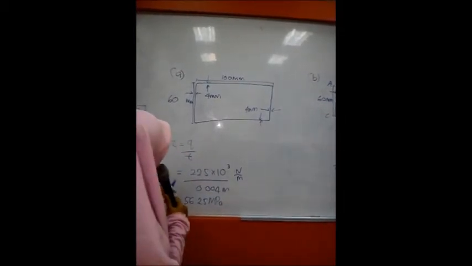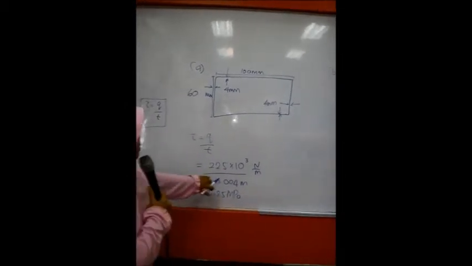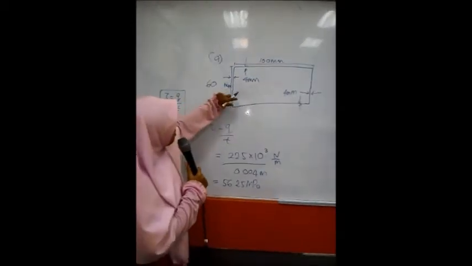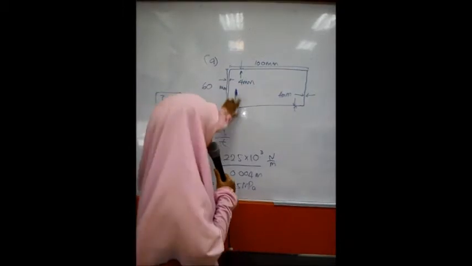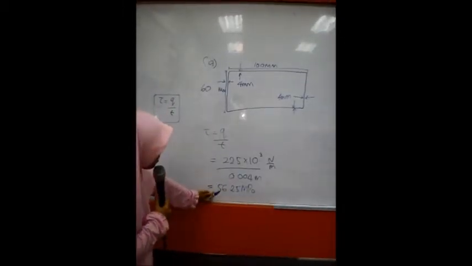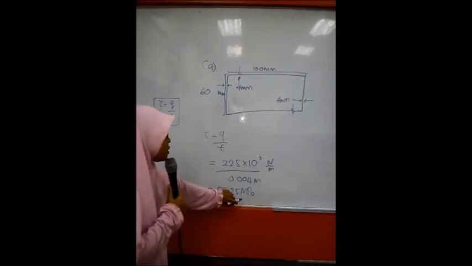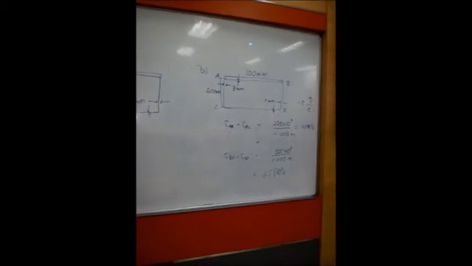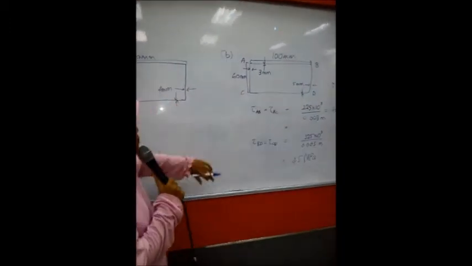We substitute the value we got just now. Q equal to 225 times 10 to the power 3 Newton per meter, and T of the figure is 4 mm. So we just substitute, we get the value 56.25 megapascal.